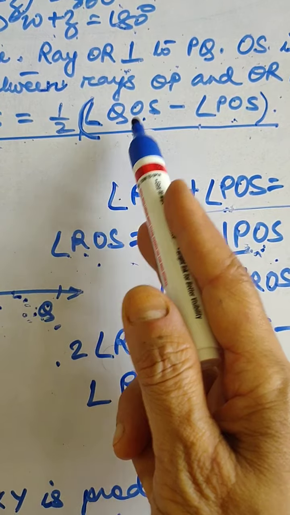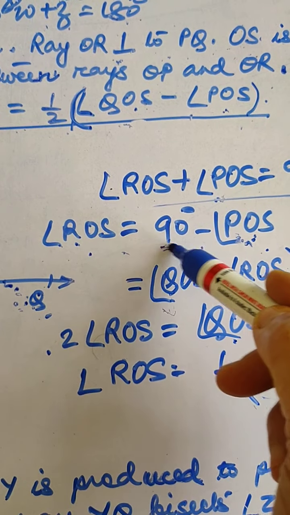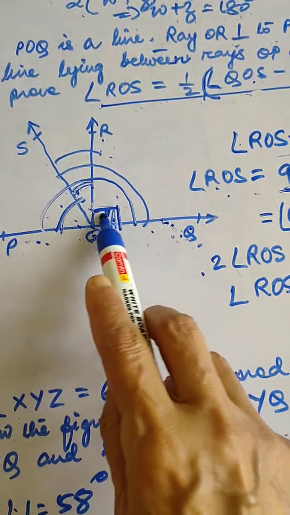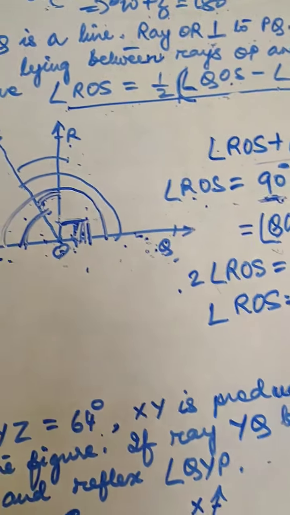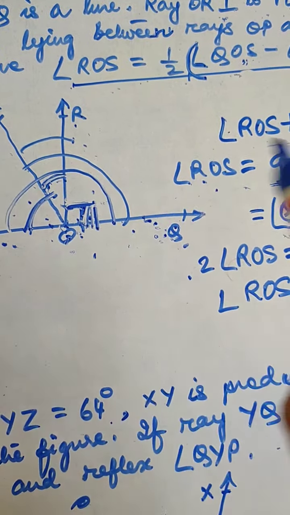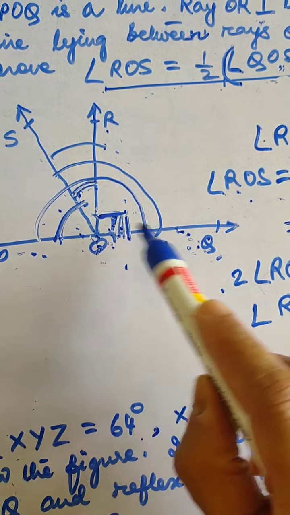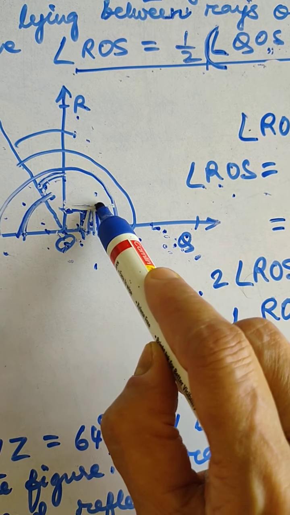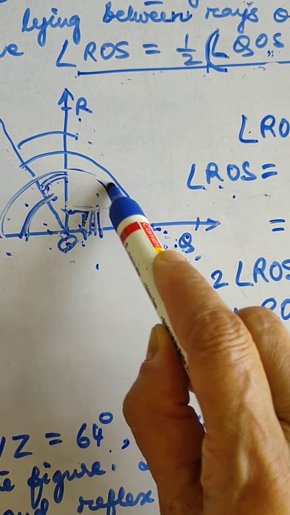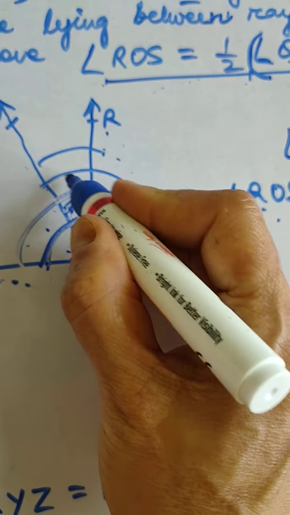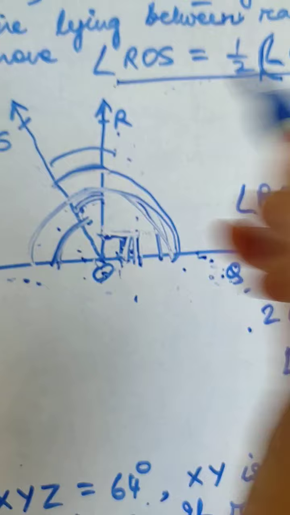Now here we have to bring QOS, so that we can bring it only from 90 degree. So 90 degree here, you see, now this is 90 degree. Remember, your target is to bring QOS, so we will relate QOS with 90 degree. QOS is the whole angle. So can we write this 90 as the whole angle, angle QOS minus angle ROS?